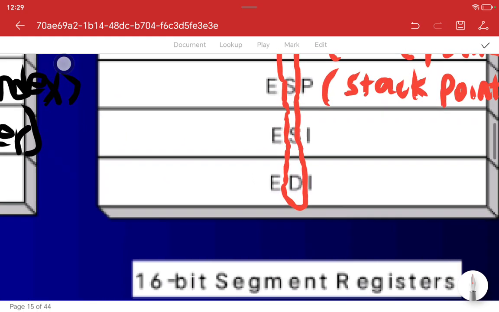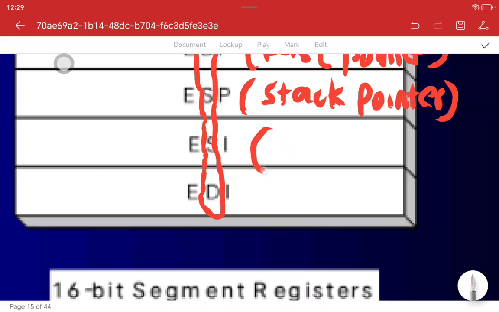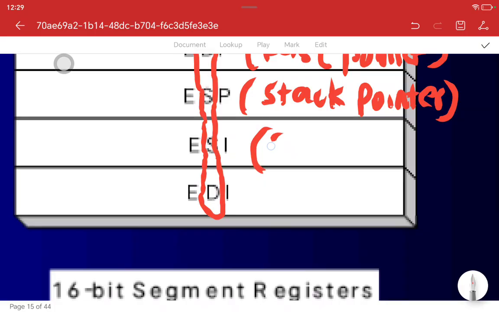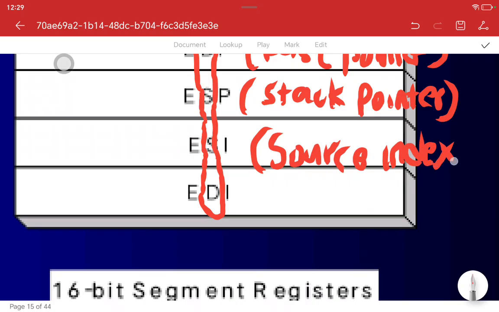Now, I will explain the stack pointer. The ESI will be the source index. Then EDI is the destination index. So remember those ones of source and destination. You were busy doing this in SCOA021.